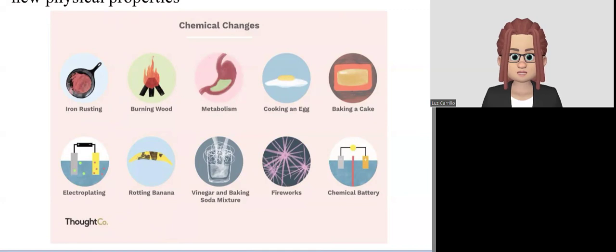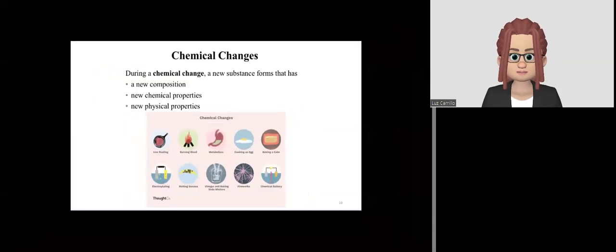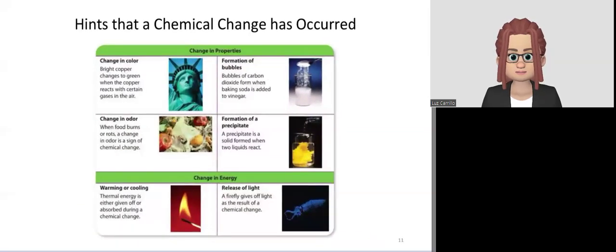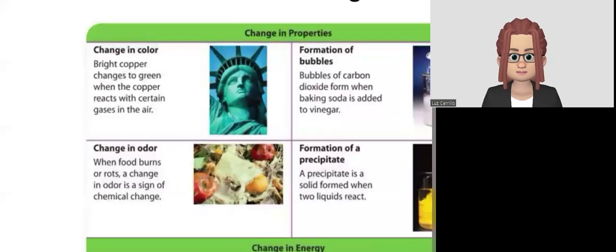But in addition to this, we have indicators that can let us know if a chemical change is occurring. The hints that tell us if a particular substance is undergoing a chemical change include change in color, change in odor, because the new substance that is produced has a particular odor.